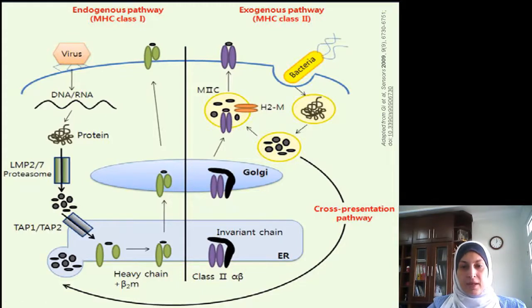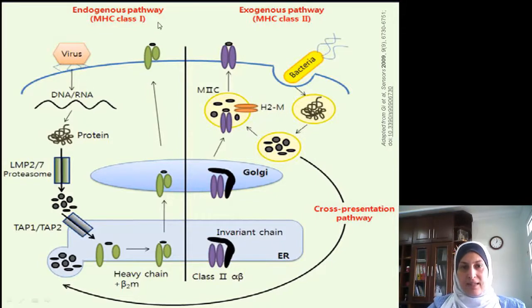This lysosome that contains these proteins is close to the Golgi apparatus, and now this chaperone is removed. We have a free MHC class 2 molecule that will attach to these proteins and present it on the surface. Now we have a peptide of the desired length attached to MHC class 2. Now this is ready for recognition by a CD4 T cell.